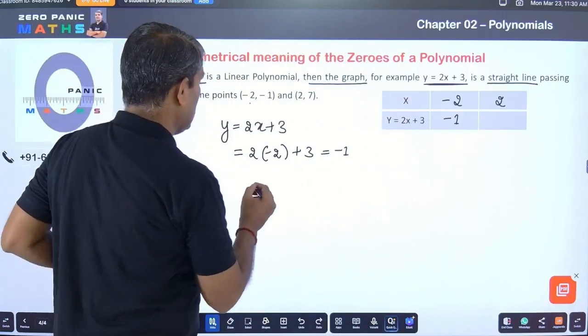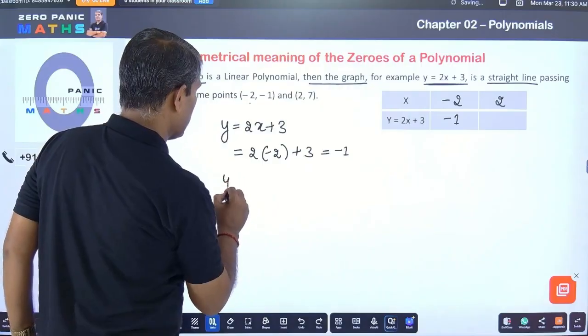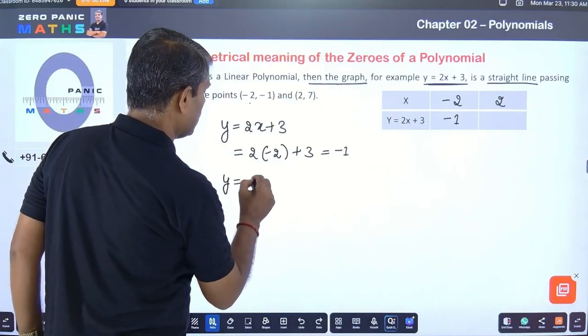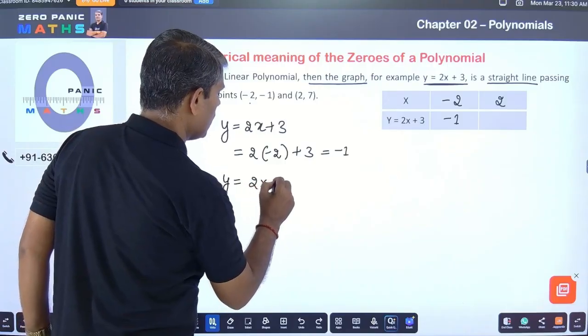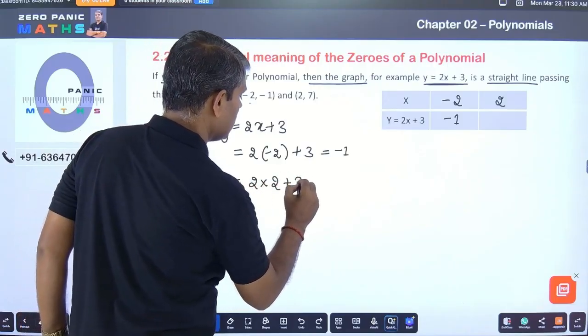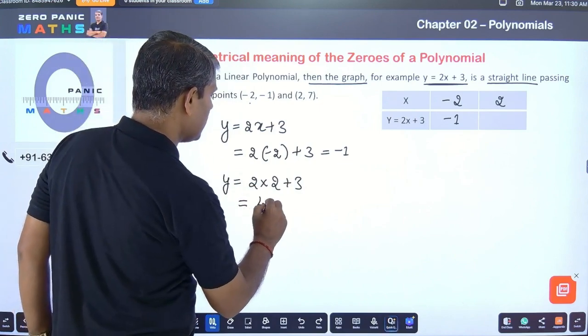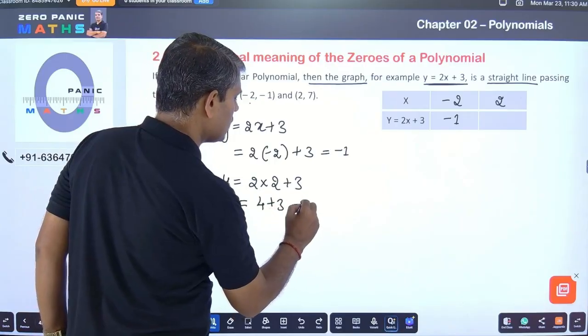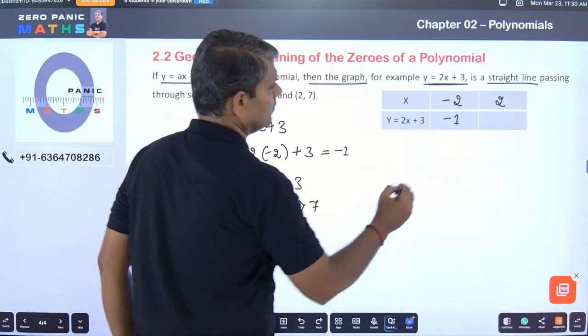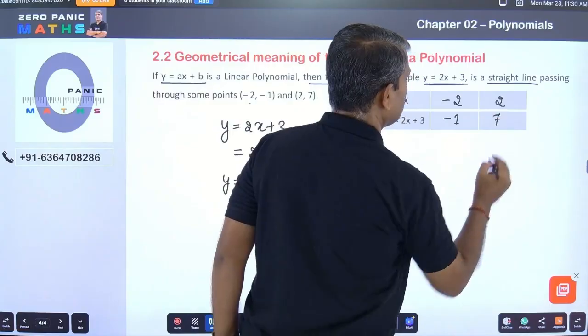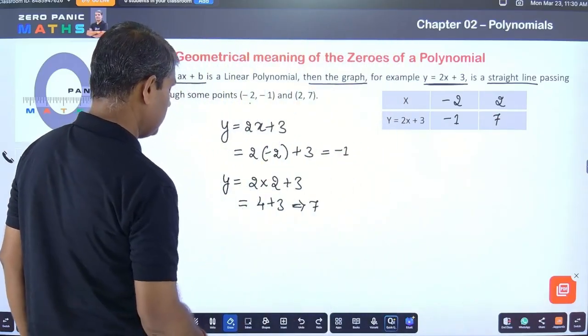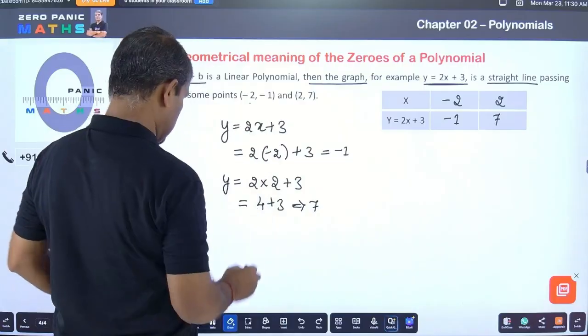So I'm writing minus 1 as the value of y is equal to 2x plus 3 in case of minus 2. Now similarly, I'm putting plus 2: 2 into 2, which is 4, plus 3, which is equal to 7. I've just solved this equation to verify these 2 points.